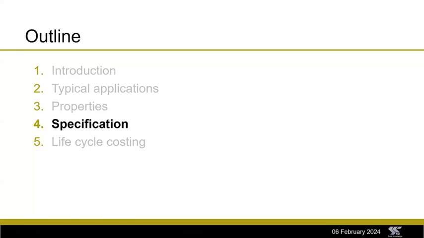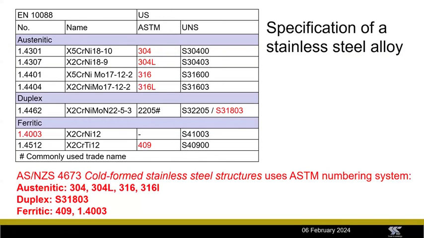Good. Now we're going to move to specification. And I want to try and explain the way stainless steels are named. This might look horrifying to you, but depending what product standards you're using, the same alloy will have a different designation system.